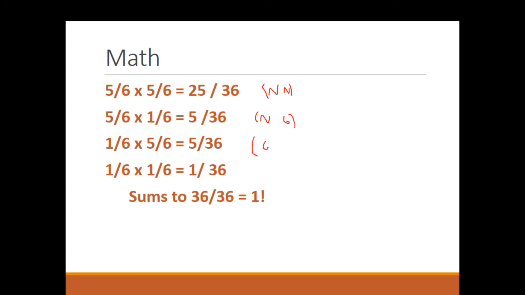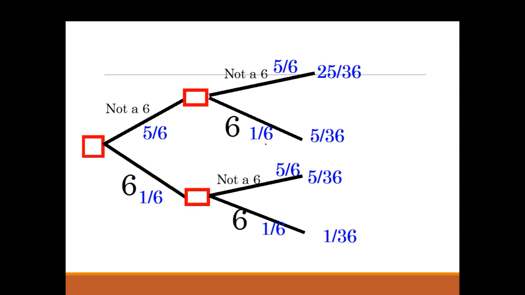The second line is a 6 and a not a 6. And that's 5 out of 36. And then the last line is 6 and 6. And you notice that we add all those up, we get 36 over 36, which is equal to 1. So again, 25 out of 36, 5 out of 36, 5 out of 36, 1 out of 36. And it all adds up to 1. We have all these ones in here and a big one right there.